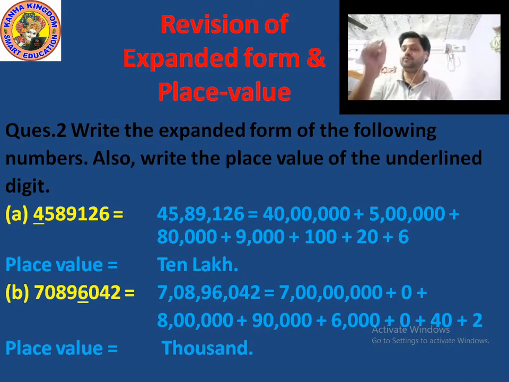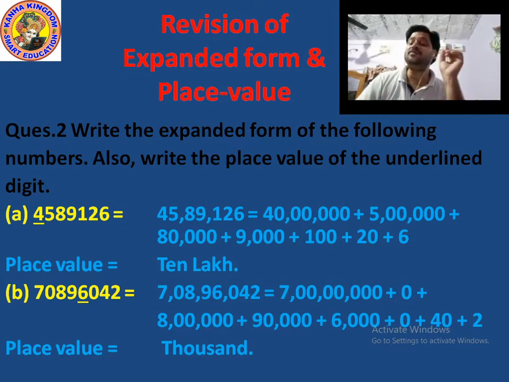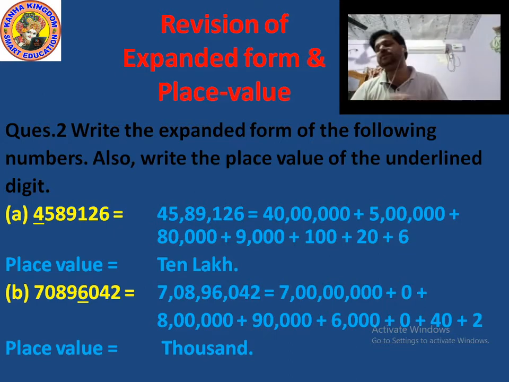So count 4 5 comma, and then again 2 place values, 6 7, and you have only 7 digits. And from the left hand side, first 1 2 comma 3 4 comma 5 6 7.